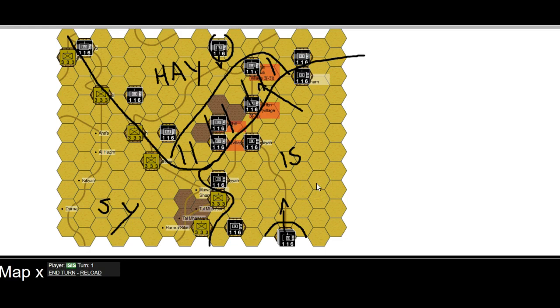And just to recap on some of the fundamentals, these are irregular units, and they're supposed to represent irregular forces in what we call asymmetric warfare. Generally speaking, they're quite good at doing things by surprise, attacking people at their choosing, but they're not very good at holding ground.